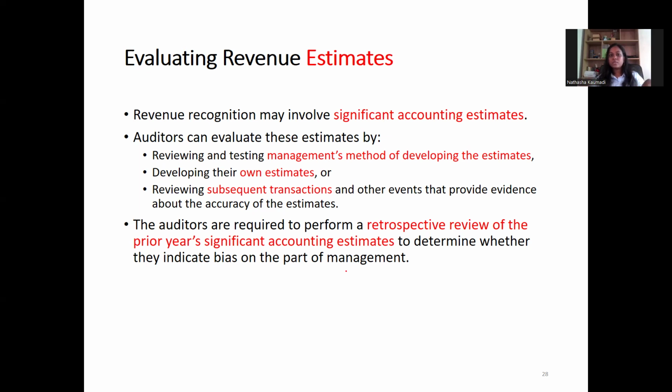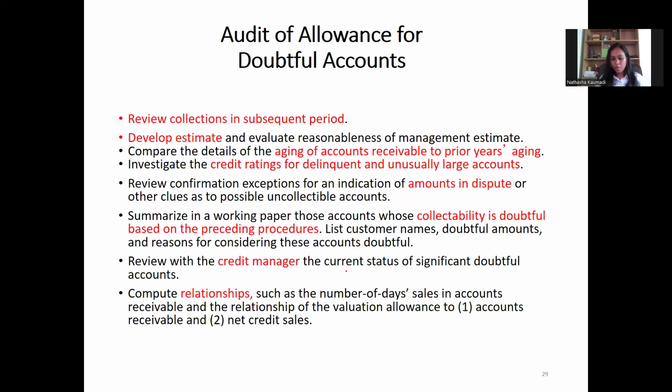So, as the auditor, you have to see what estimates management made last year and whether there are any issues with those estimates based on the current year data. The estimate was made last year when they didn't have actual information. But now as the auditor, you can see the actual information is here. Now you can see the accuracy of the previous year's estimates. Retrospective review means that you are retrospectively reviewing the previous year's estimates. So you can check the accuracy like that as well. You have to see whether any changes are required.